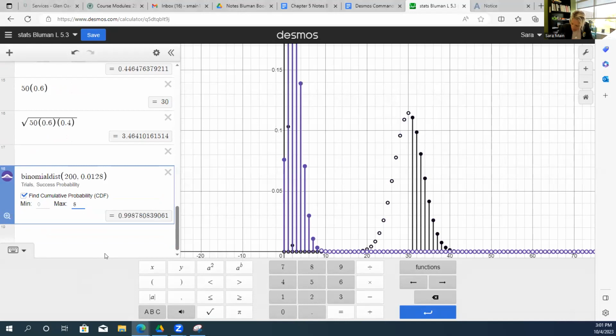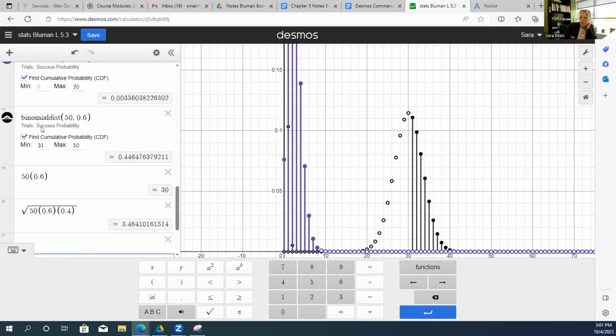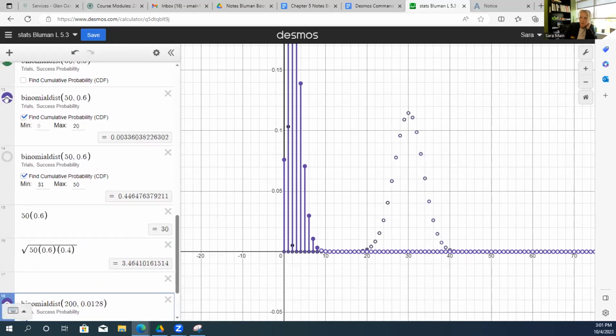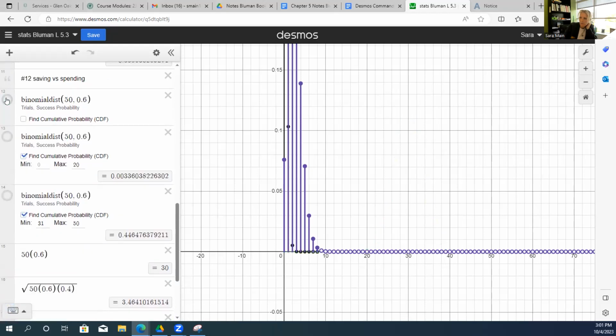And then D says, is it more likely that 5 or 6 people will develop pancreatic cancer? Justify your answer. So we want to look at 5, and then we want to look at 6. I'm going to go up here and turn off these other graphs, by the way, since we don't need them.